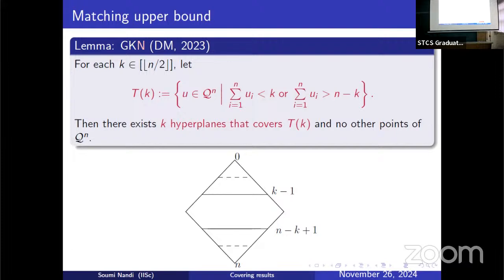Can you give an example? Suppose it was just all 0 and all 1.